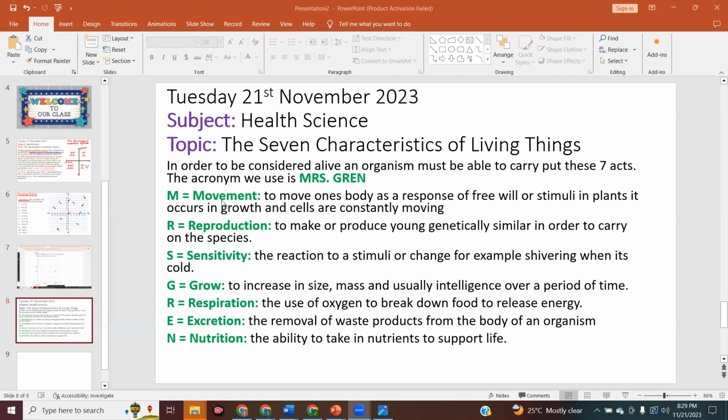R equals respiration, the use of oxygen to break down matter or food. E equals excretion, the removal of feces. N equals nutrition, the ability to take in nutrients like vitamin D.